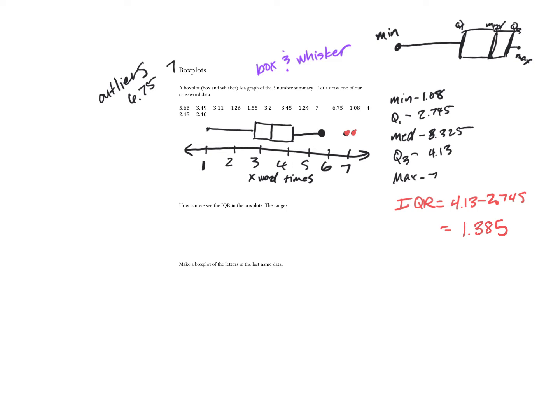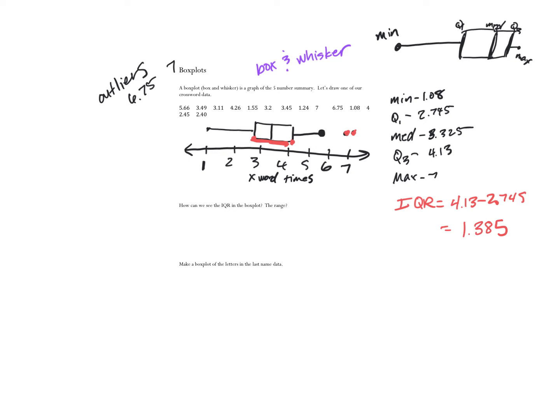Because you can see the third quartile is just after 4, and then if you were to add that 1.385, it's a little farther. If you were to, okay, not the fact that it's outliers, but the IQR itself, it is this distance. It's the distance between those Q1s and Q3s.